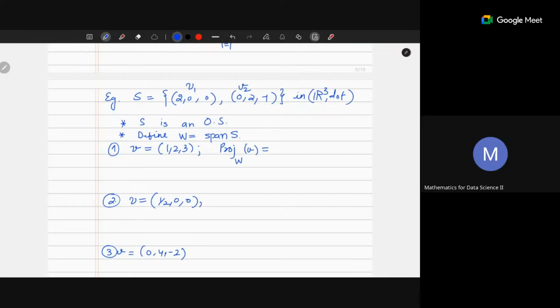So what is the projection of V? First one: it is (V dot V1) times V1, plus the term with V2. This is the formula. Now, what is the projection of V with respect to V1? First, we need to do the dot product. It is V dot V1 divided by the norm squared of V1, in the V1 direction.